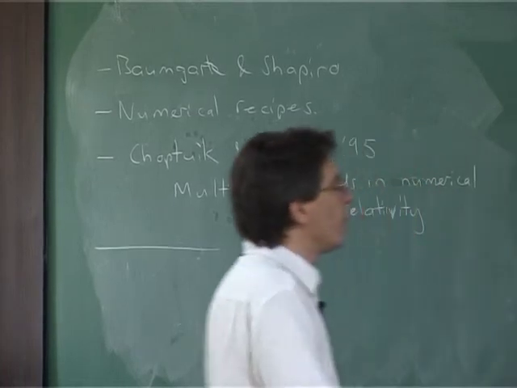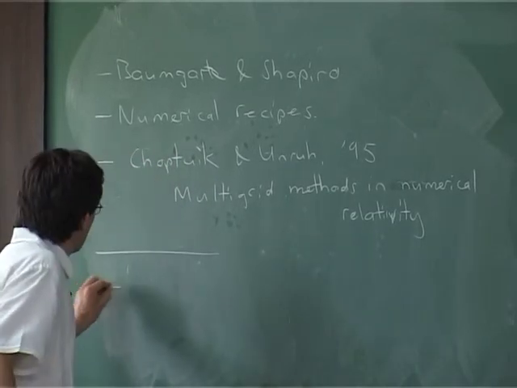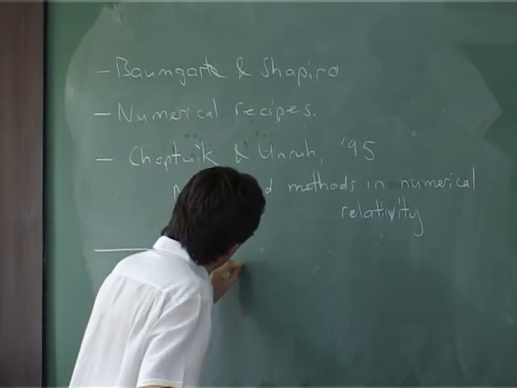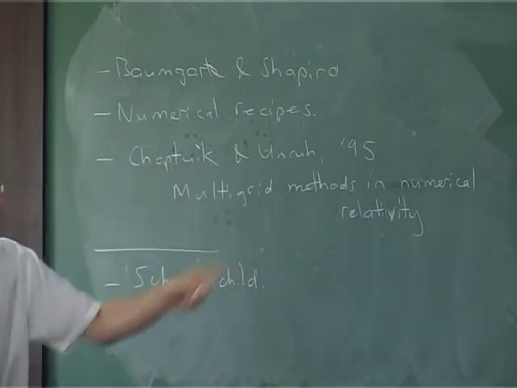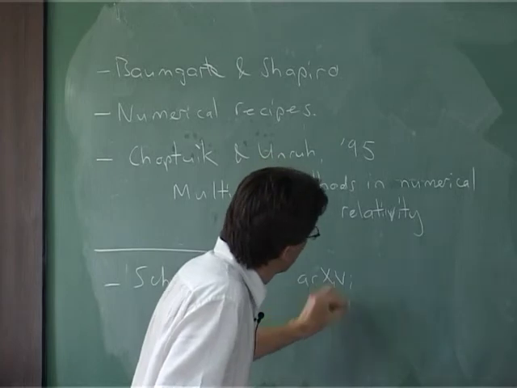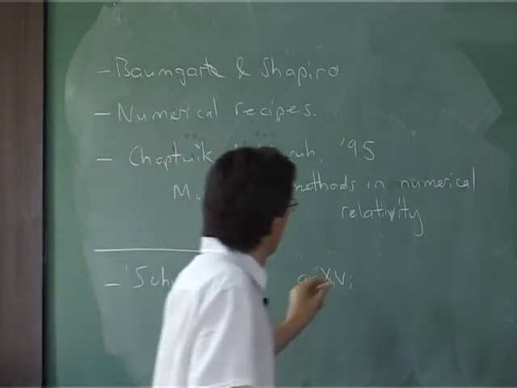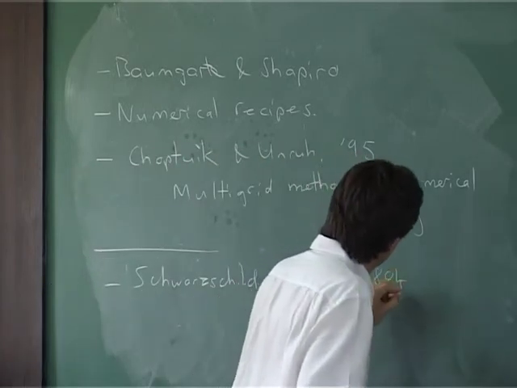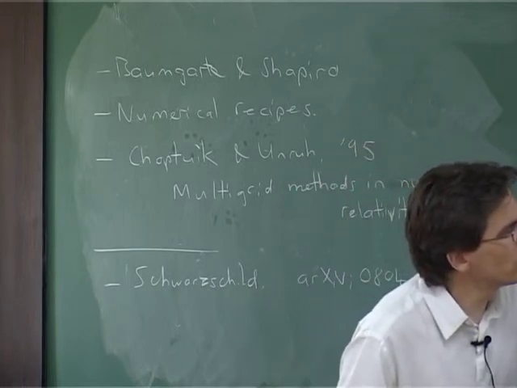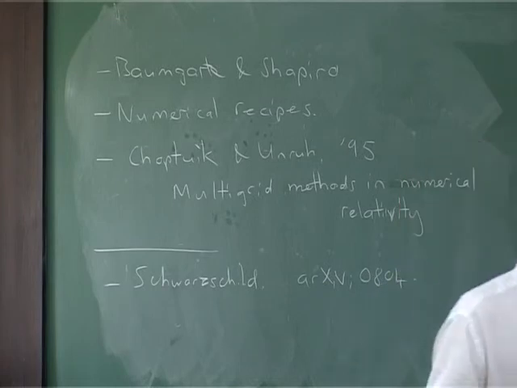Right, there's this paper on Schwarzschild, which is arXiv, point, is that right? 06. There's one digit missing. Oh, that's sneaky.